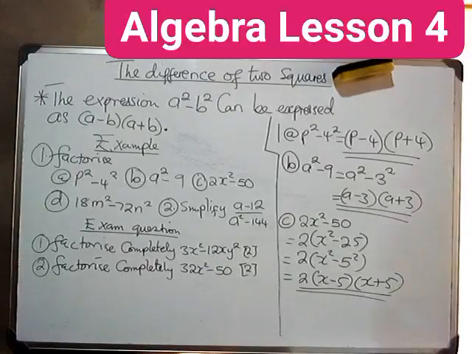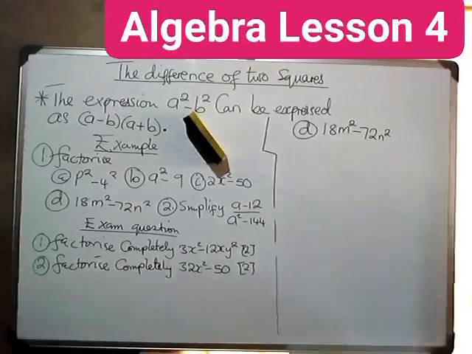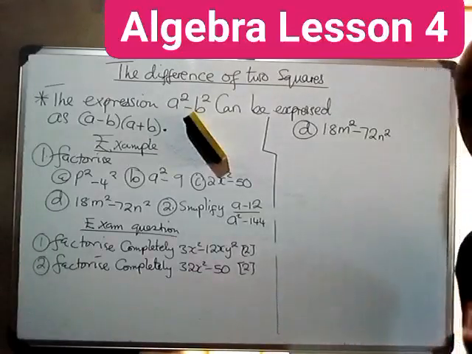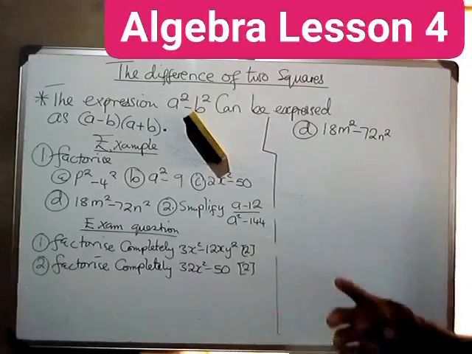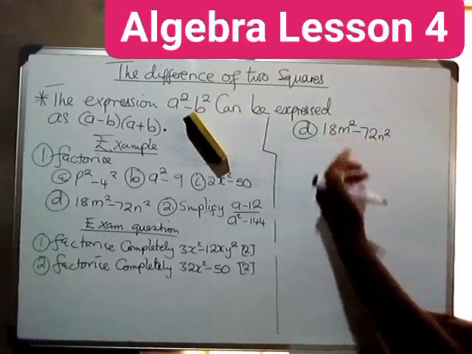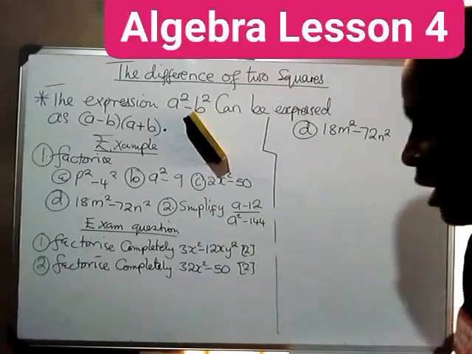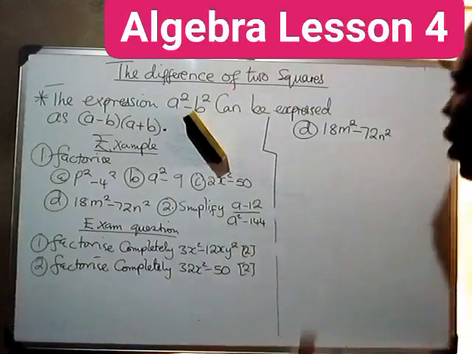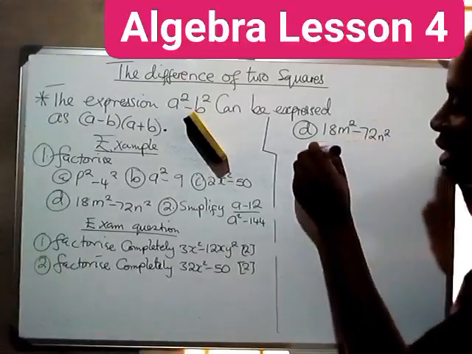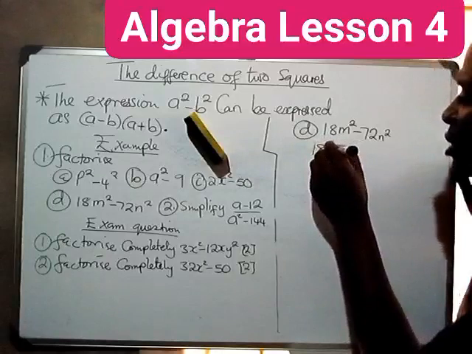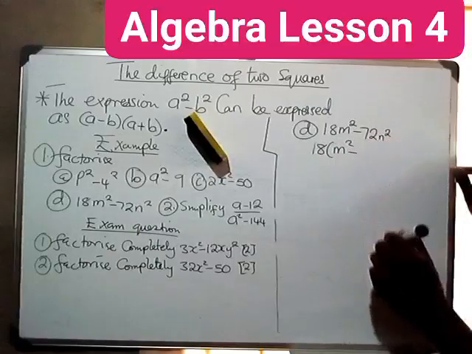We now go to question number d: 18m squared minus 72n squared. m squared and n squared are a difference of two squares, but their coefficients do not have a root. What are we going to do? We factorize them. The common factor between 18 and 72 is 18. So we have 18 outside, then m squared minus, how many times does 18 go into 72?